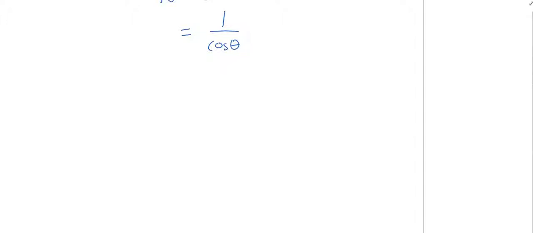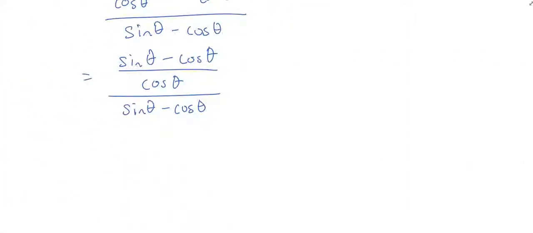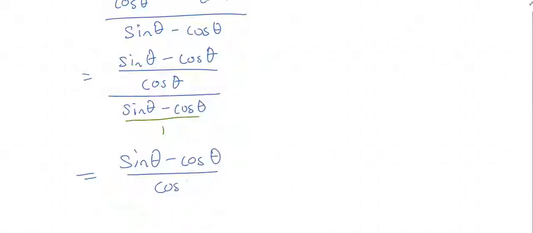So there's a lot of things that you could observe, that you could notice that might lead you in the right direction. Again, if we think of this as sine minus cos over 1, I'm going to go sine theta minus cos theta over cos theta times flip and multiply.